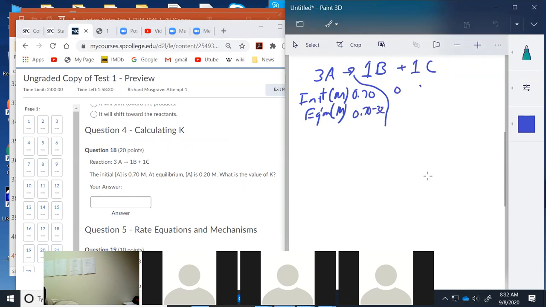The amounts of the products are going to be 0 and 0, and then over here this will be Z and this will be Z for the B and C. I'll stop here for a second. Now the reactants always go down and the products always go up. Does anybody have any questions?